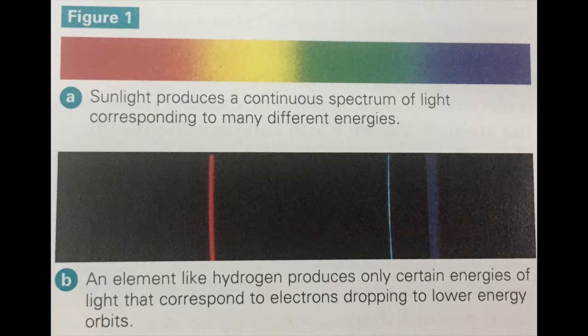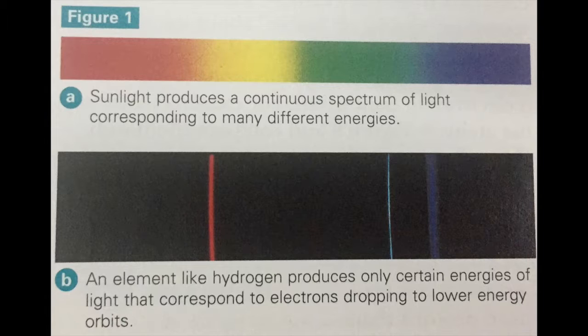Figure 1. A. Sunlight produces a continuous spectrum of light corresponding to many different energies. B. An element like hydrogen produces only certain energies of light that correspond to electrons dropping to lower energy orbits.